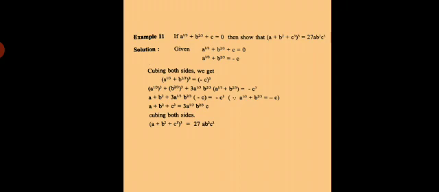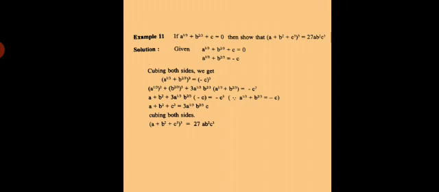Now using this identity, you expand this step: (a^(1/3))³ + (b^(2/3))³ + 3 a^(1/3) b^(2/3) (a^(1/3) + b^(2/3)) equals minus c³.